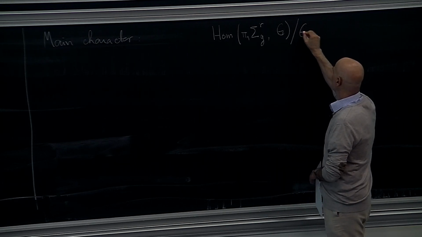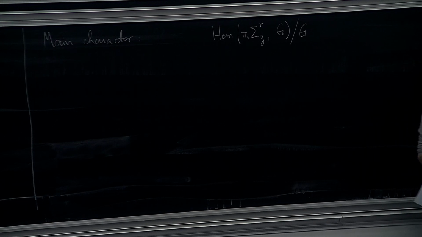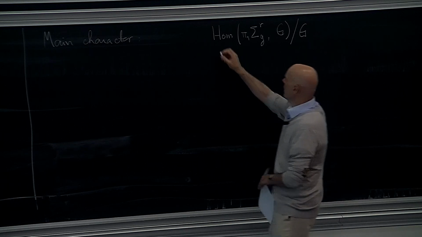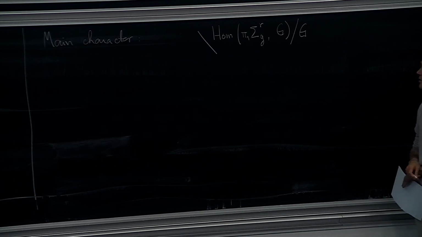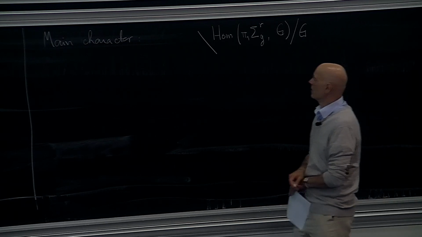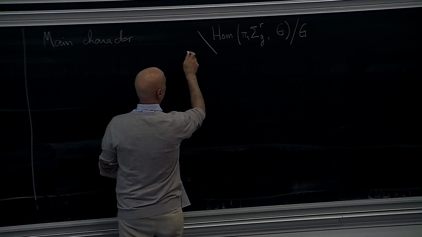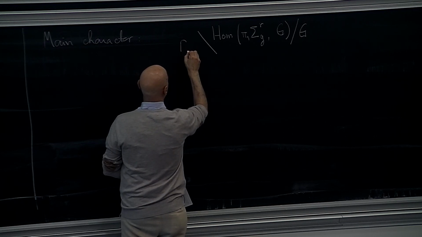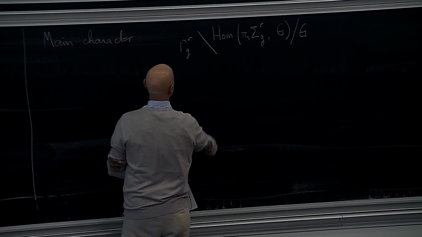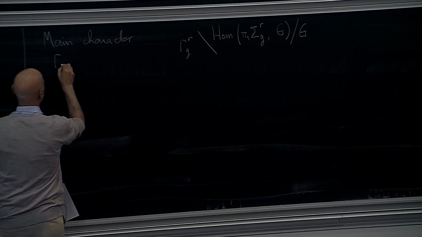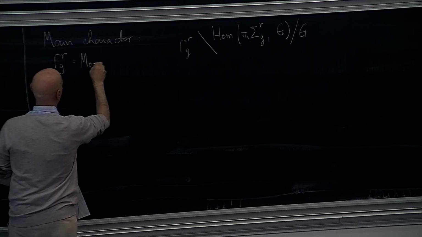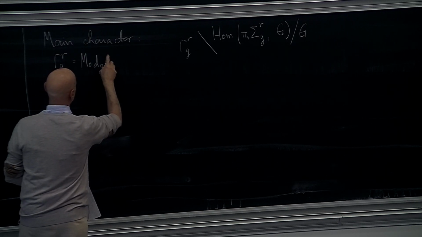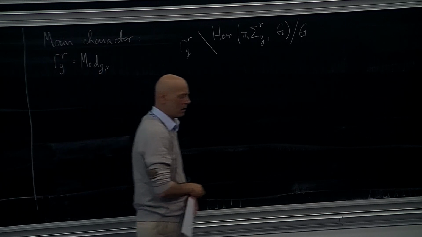Then I'm taking the quotient by the right action by conjugacy. And also this set is endowed with a nice action on the left by the mapping class group. I can put, just to make it shorter, Gamma_g^r, which in the notation of my previous speaker is Mod(Sigma_g^r).